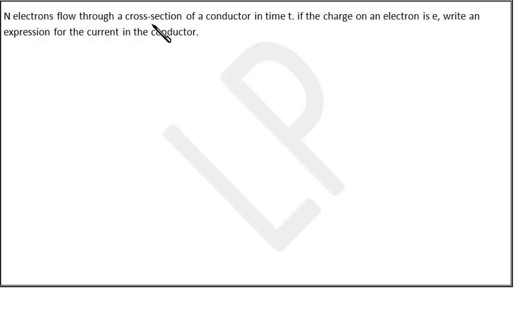Now friends, let's see this question. N electrons flow through a cross section of a conductor in time t. If the charge on an electron is E, write an expression for the current in the conductor. I assume the current is I, the charge is Q, the time is T. Now Q is equal to IT. Here Q is the total charge.